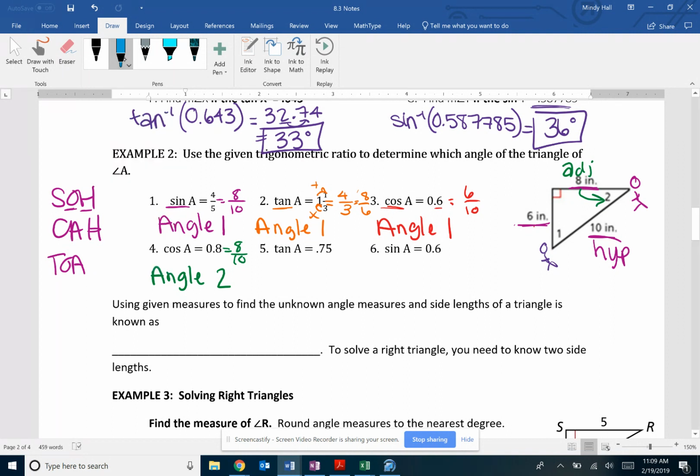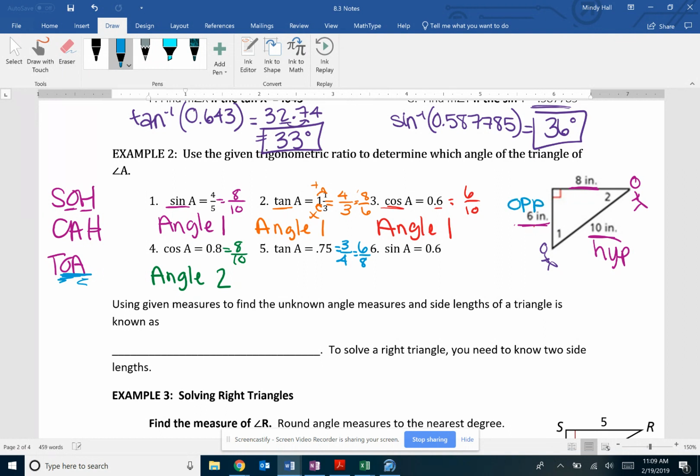Now we have tangent of A, which is opposite over adjacent, is 0.75. So that would be 3/4 as a fraction, or 6 over 8 if we want to use our side-friendly measurements. So because it's 6 over 8 and we're doing tangent, which is opposite over adjacent, my opposite is 6.